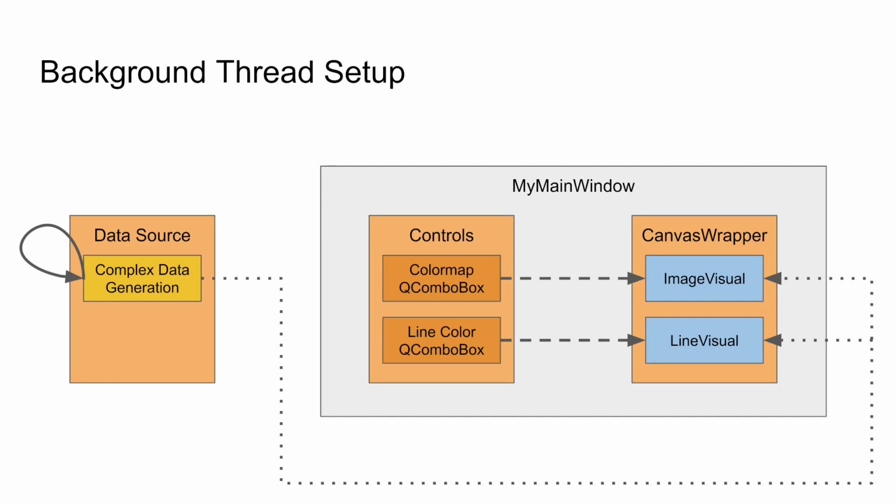From that loop, it kept emitting data to our image and line visual. Because the main window and our data source were in separate threads, the event loops were kept apart, and whatever our data generation needed to do did not affect the way our user interacted with our GUI. It did not affect anything that our main GUI event loop needed to work on.